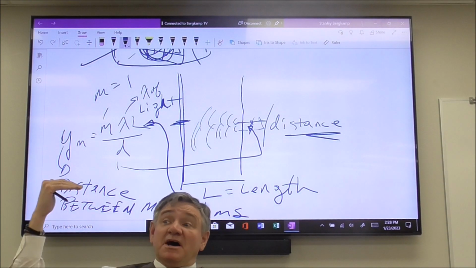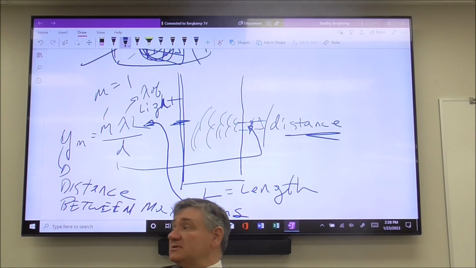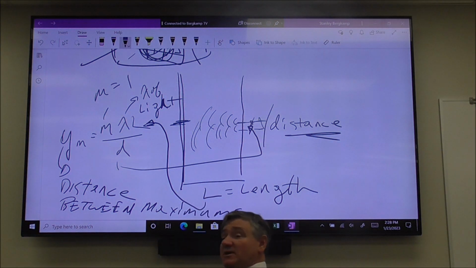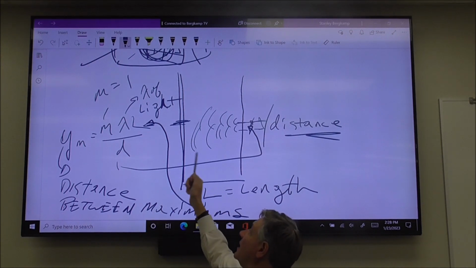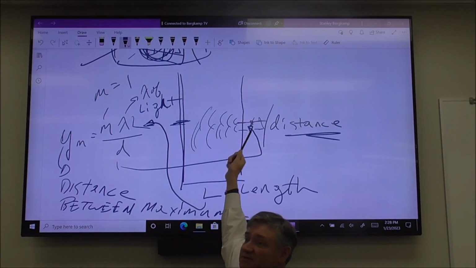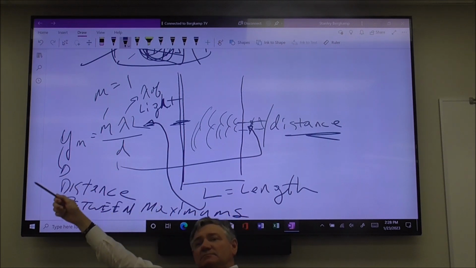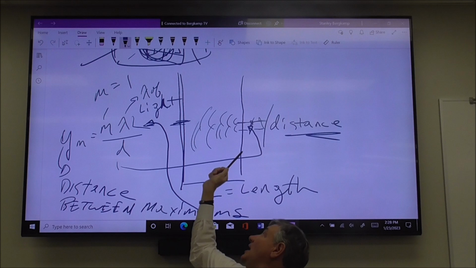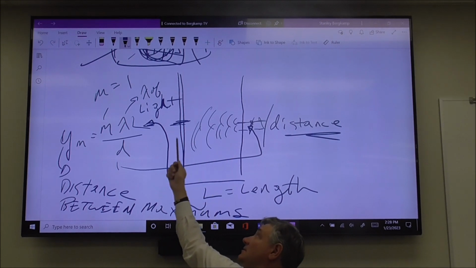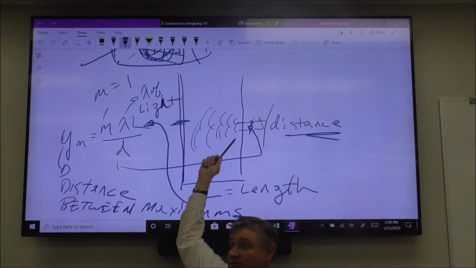So what we do is we have this clever little experiment. We can set up a deal like I just did with the laser. I can measure the distance between the two slots. I can measure how far apart the screen is to the source.